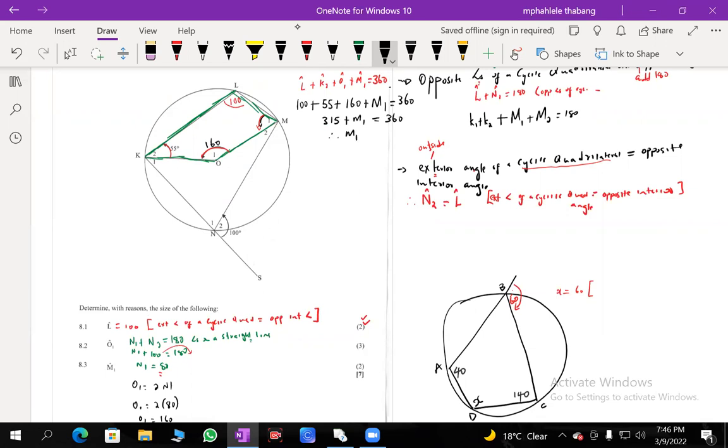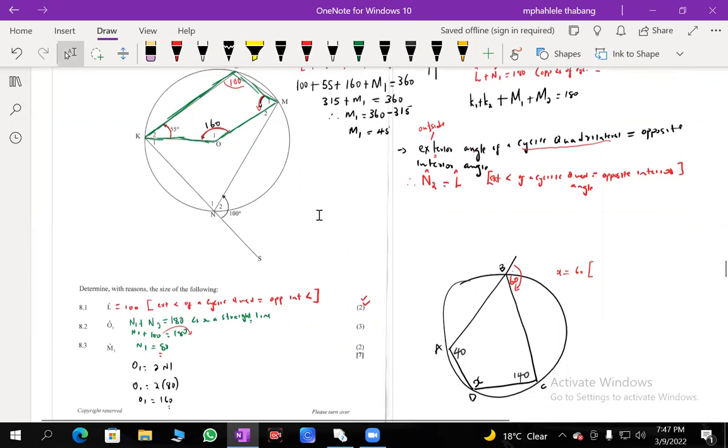Therefore, M1 equals 360 minus 315. Therefore, M1 equals 45. You have explained it very well. You have performed so good on this question. That was very great. Easy 7 marks.